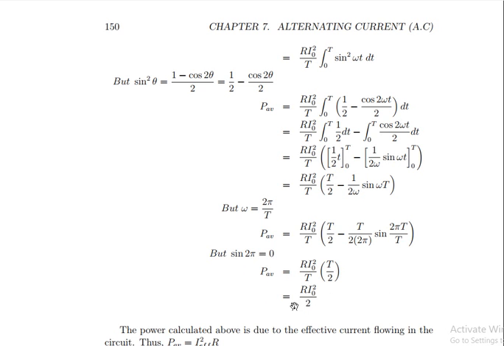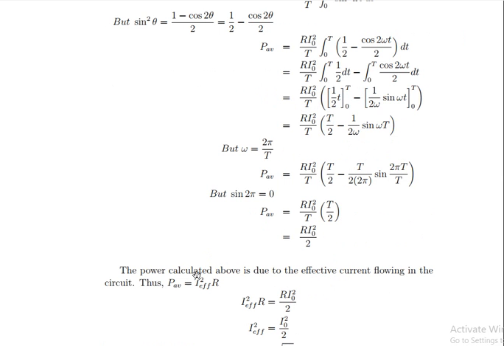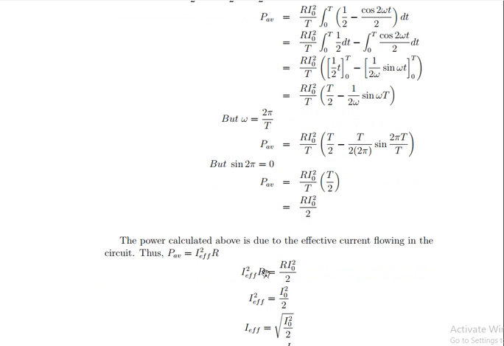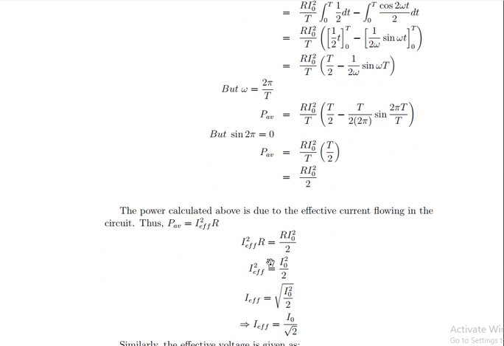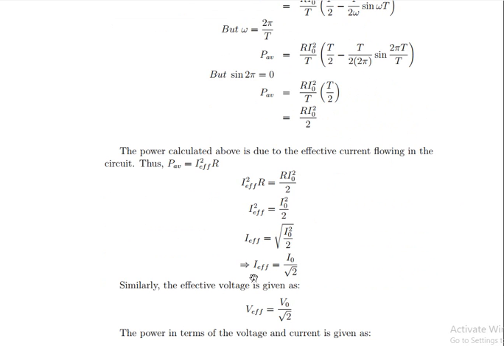But we know that the power average is also equal to I squared effective times R. So I squared effective times R is equal to R I0 squared all over 2. So R and R are going to cancel out. So we say that I effective is equal to the square root of I0 squared all over 2. So I effective is equal to I0 all over the square root of 2.